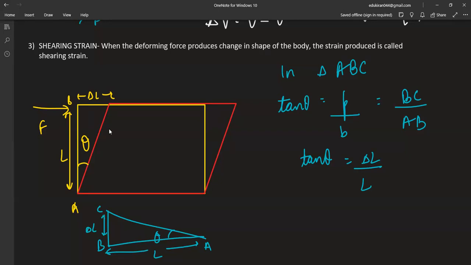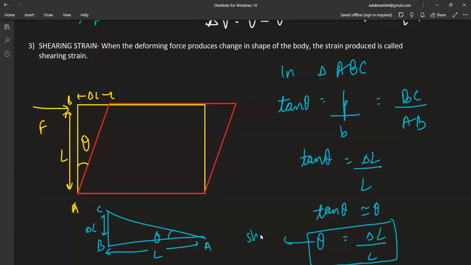Now see, for very small angles, I think I've mentioned earlier also that tan theta or sin theta are almost equal to theta. So theta is the shearing strain, that is change in length by original length. This is the shearing strain, because shape is giving you one of the parameters, that is length is changing.